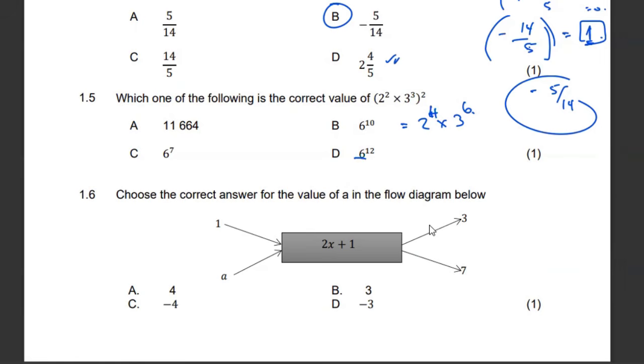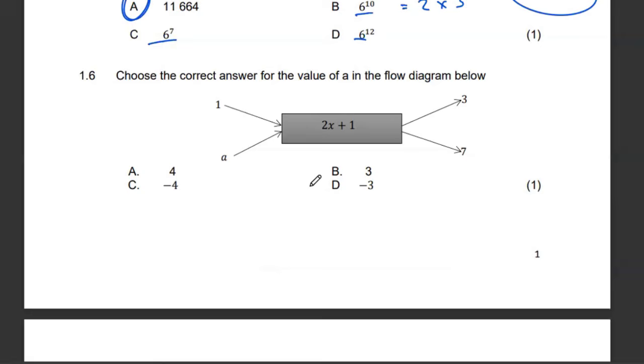The other options are out because we cannot multiply 2 and 3 at the same time, since their exponents are different. So when I punch 2 to the 4 times 3 to the 6 into the calculator, I get 11664. So option A becomes the best answer there.